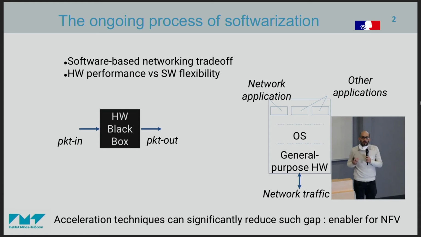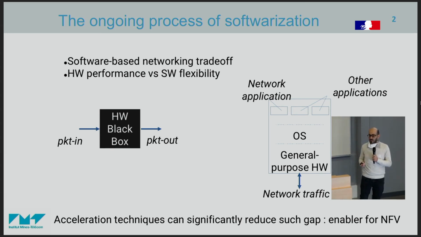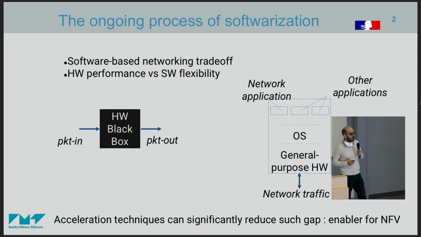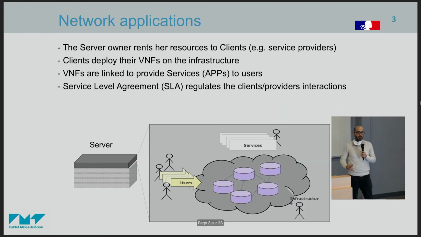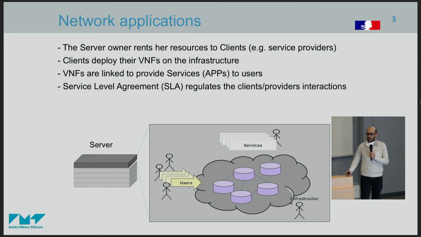Now there is a clear trade-off between the performance provided by the hardware solution and their equivalent software components, that is being more and more reduced thanks to acceleration techniques that can fill the gap with respect to their hardware counterparts. Thanks to these techniques, there is a real possibility of implementing novel approaches for network systems.